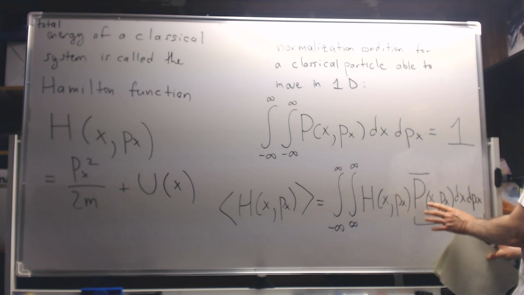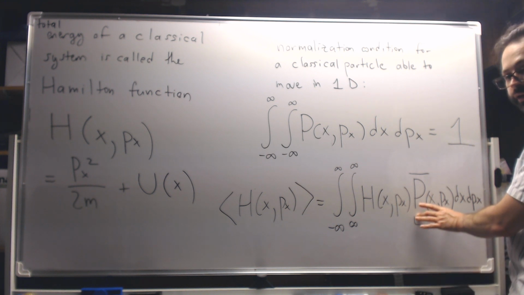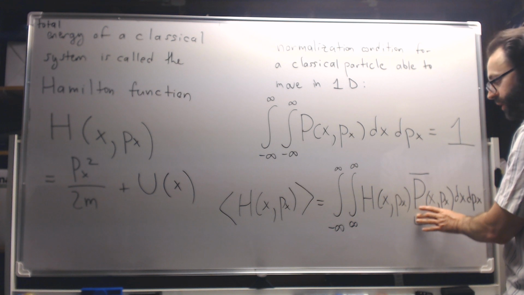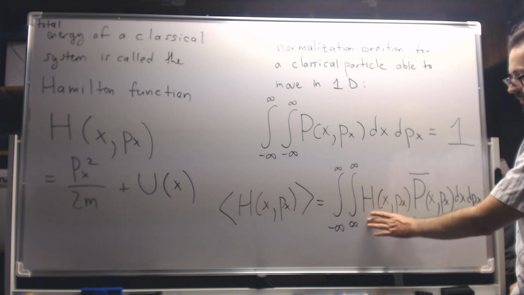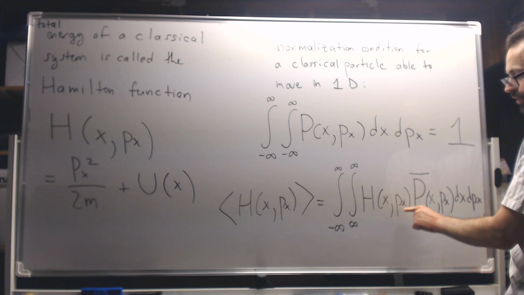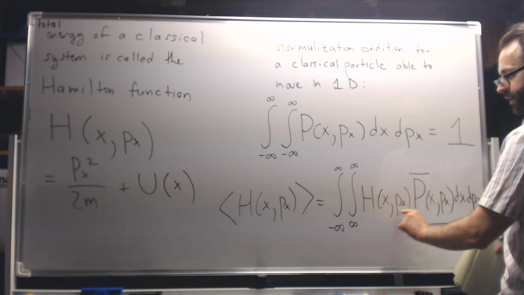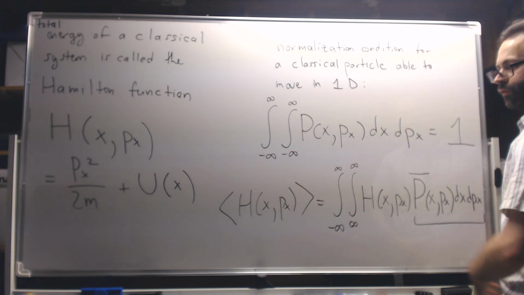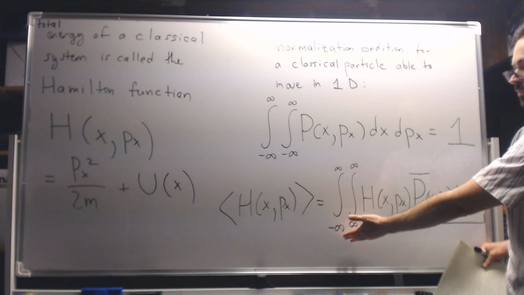Both of these factors, the probability density, the probability per unit interval in x and per unit interval in px, times the length of the interval in x and the length of the interval in px, times the value of the classical energy as it depends on position x and momentum px. Integral over all space in x and px, i.e. a sum over all the quantum states, or in this case classical states of the system. That's the prescription.